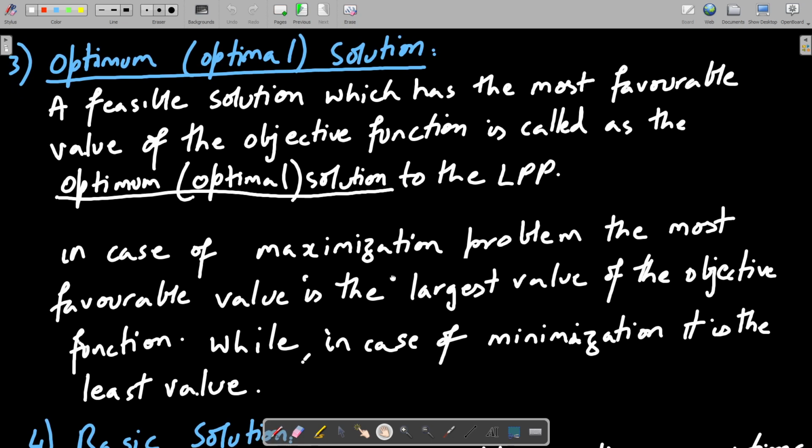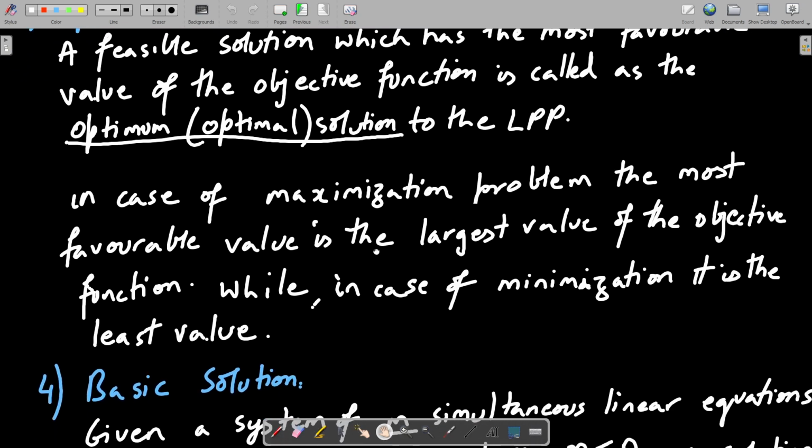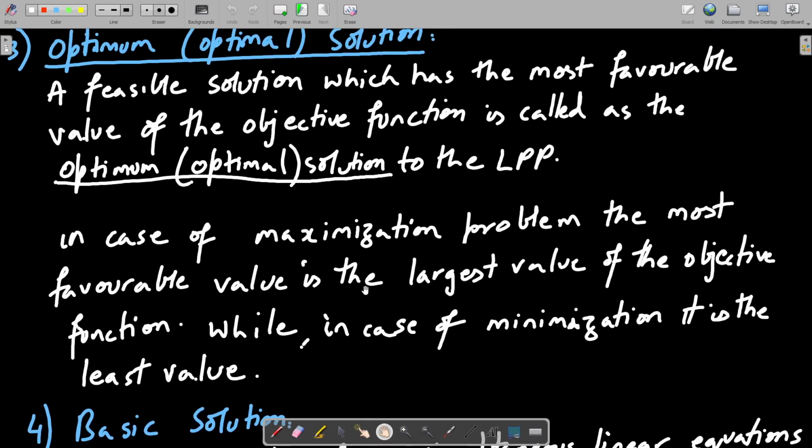In case of a maximization problem, the most favorable value is the largest value because you are looking for the largest possible value for z. In case of minimization, you are looking at the smallest possible value of z. Up till here everything is clear? What is feasible, infeasible?